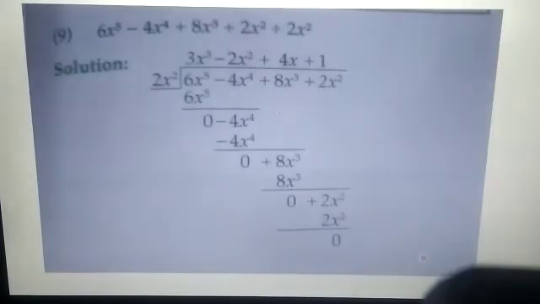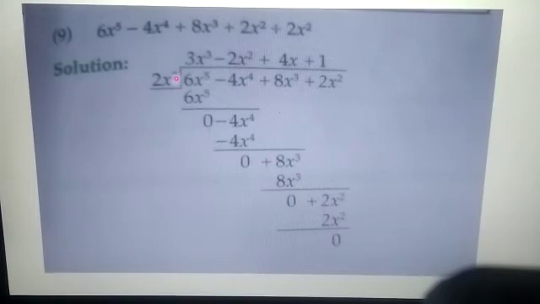Now let us come to the 9th sum. In the 9th sum, the polynomial is 6x raised to 5 minus 4x raised to 4 plus 8x cube plus 2x square. It is divided by 2x square. Now for this sum, I will show you the explanation in the next part.